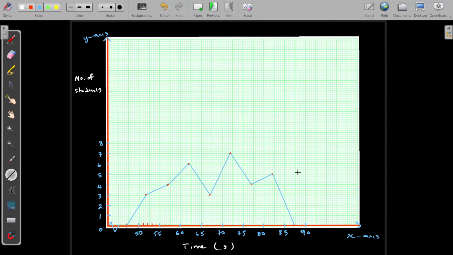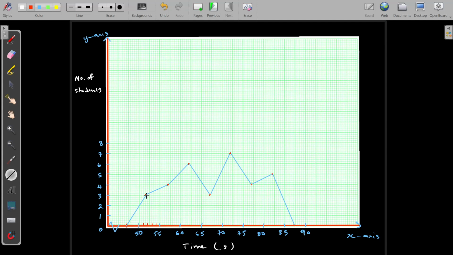So now, they didn't ask us for the area of this one. No, they did not. But if we were to calculate the area under this frequency polygon, we'd simply need to divide it into different sections.